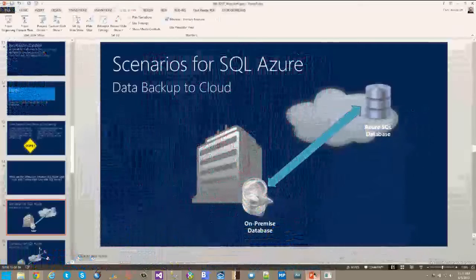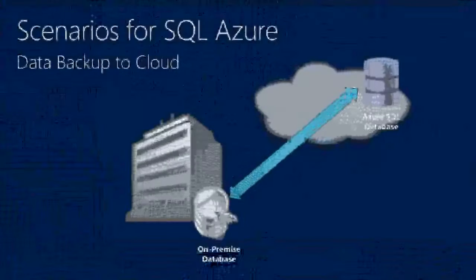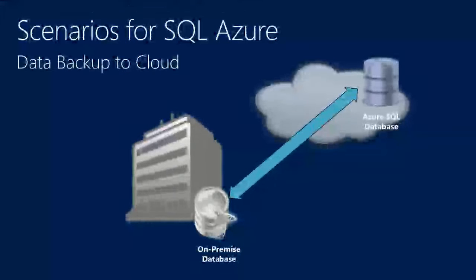Let me go back and run through this. The last thing I want to talk about is scenarios. There are lots of different scenarios that you could do. The first one is what we demoed today: I have an on-premise database and I want to sync it up to a database on Windows Azure, because I just want it to be backed up.